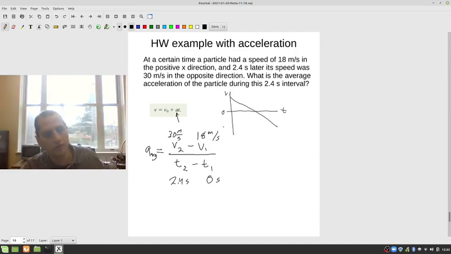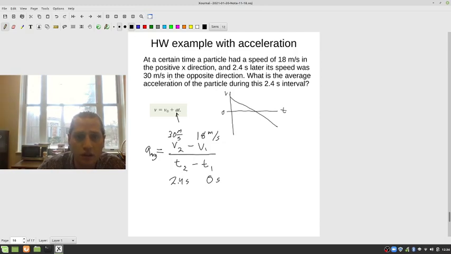And I just want to caution you because there's sort of a temptation to just put in 30 minus 18 over 2.4, and then you get some number. It has units of meters per second, so meters per second squared. Everything looks good, but notice 30 meters per second in the opposite direction. So this is a case where velocity matters.